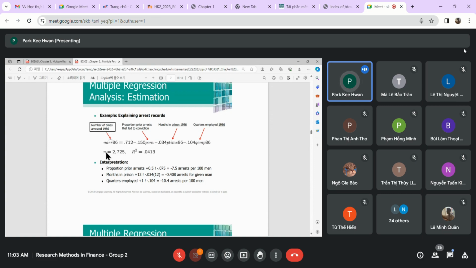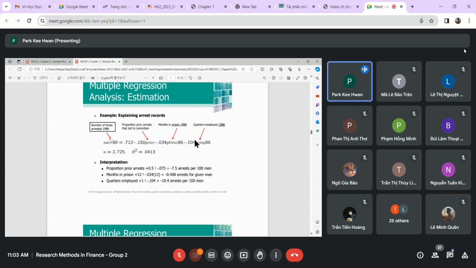Here, little n is the number of observations. Here, the R square. How much is the R square? R square is 0.0413. So what does it mean? What does this number mean?